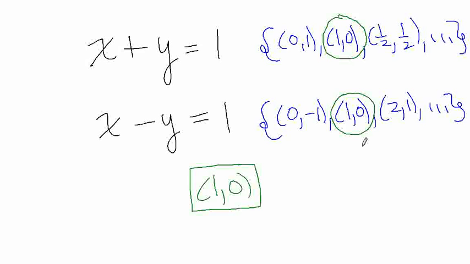To confirm that a point is a solution to a system of linear equations, you need to confirm that it's a solution to all the linear equations in the system. Okay? Let me do an example to show you what I mean. Suppose I had a system of linear equations consisting of these two linear equations.